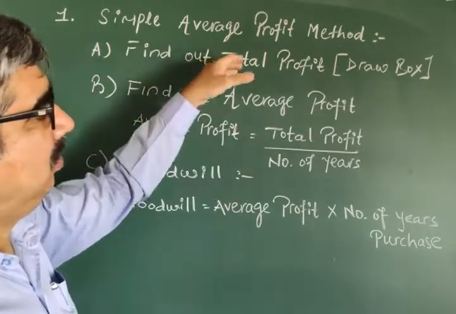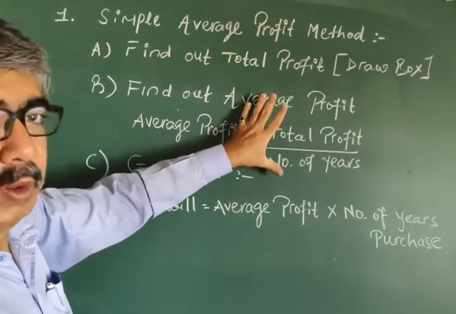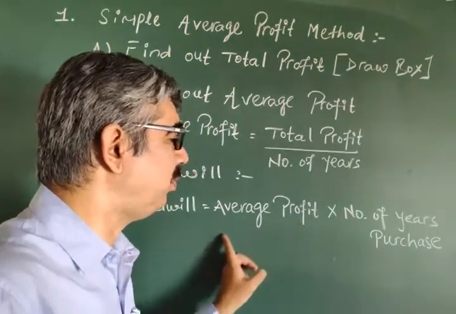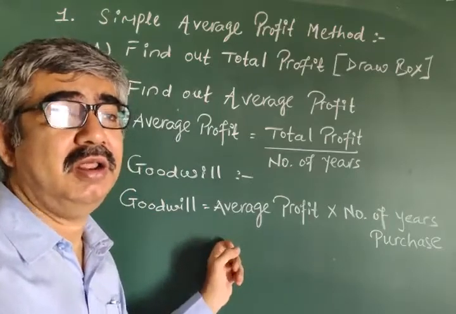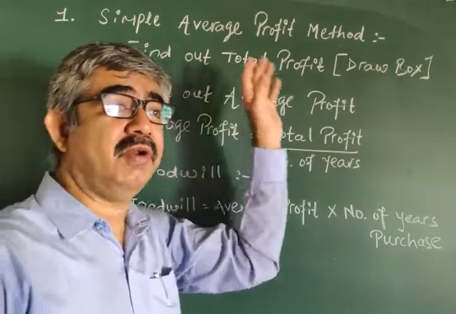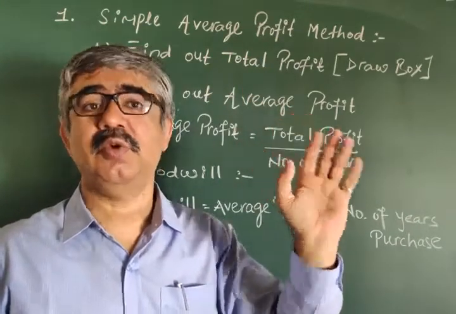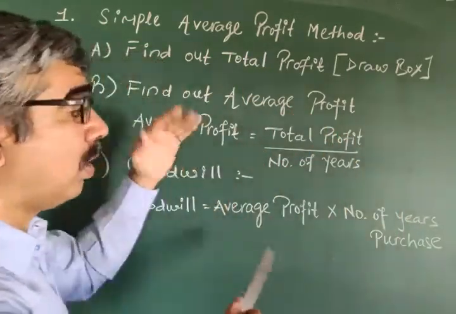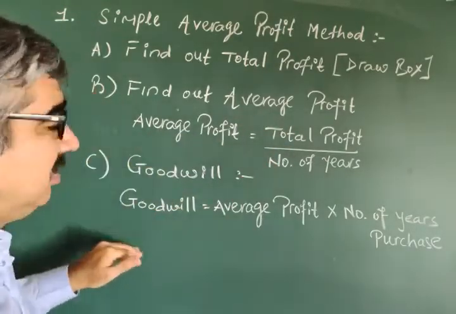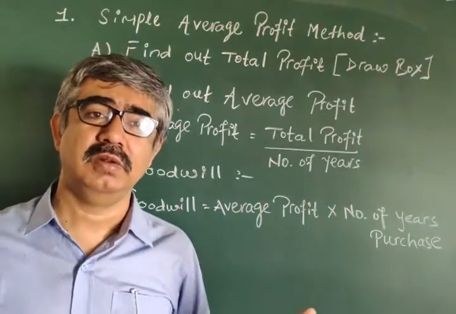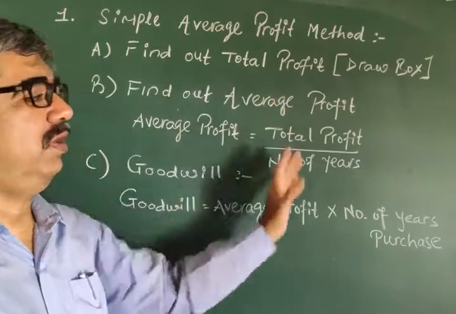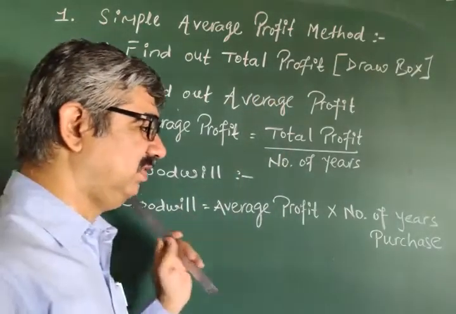Again, the words average profit remind you that you have to find this. This is the beauty of this method: you can't forget or overlook any step. If you write this step second and that one third, it's impossible to solve. So no need to take tension, it's very simple, and I use the same words every time.